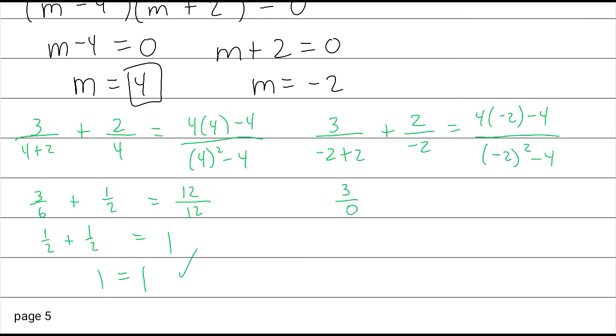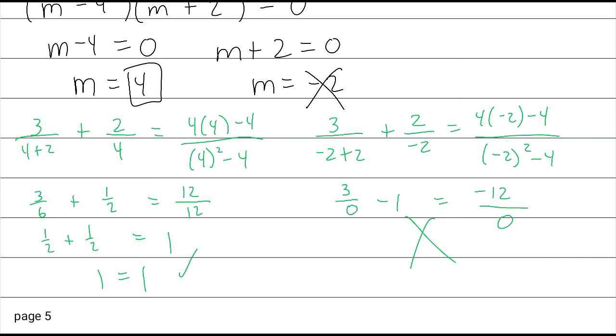Running into a problem here. 2 over negative 2 is negative 1. It's going to be negative 8 minus 4 is negative 12 over negative 2 squared, which is 4, minus 4 is 0. Okay, I'm dividing by 0, right? Especially in two places. So this one's no good. So in other words, we cannot say that negative 2 is a solution. There's an example of an extraneous solution.